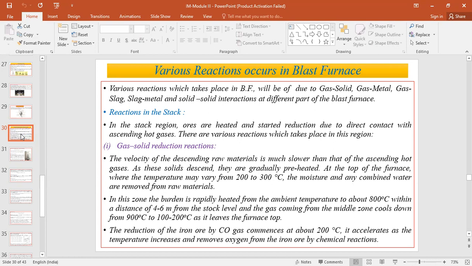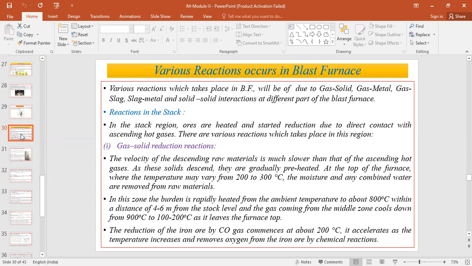Because the blast furnace is a complex reactor where at certain locations the raw material will be in the solid form, at certain locations it will be in the semi-solid form, and at certain locations it will be in the liquid form. At certain locations, there is a possibility of interaction between the gas and the solids. At certain locations, interaction of gas and metal may take place, and gas and slag may take place. And at certain locations, especially in the lower part of the blast furnace, slag-metal reactions may take place inside the blast furnace.